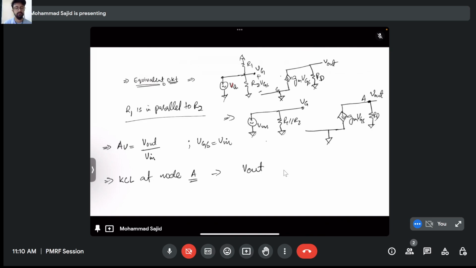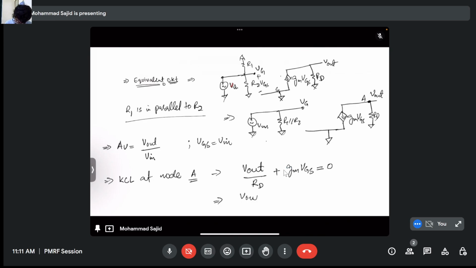V output divided by RD, plus gm VGS equal to 0, right?